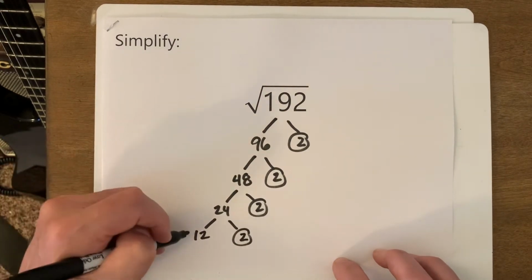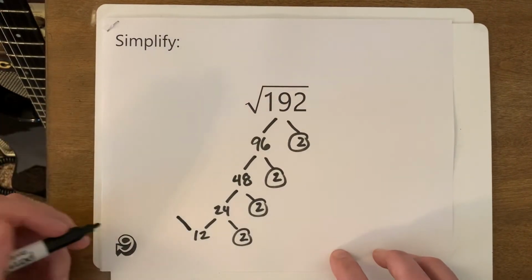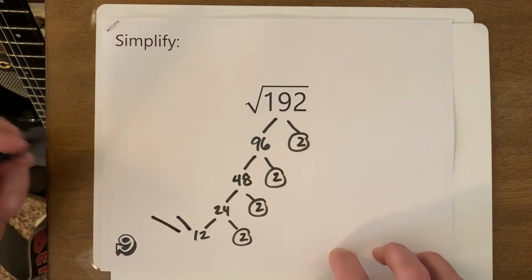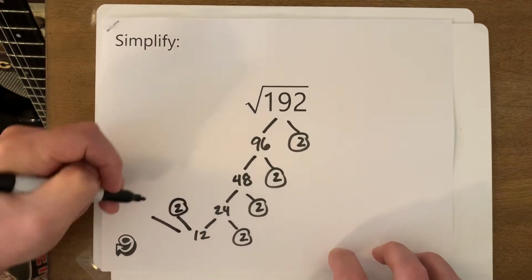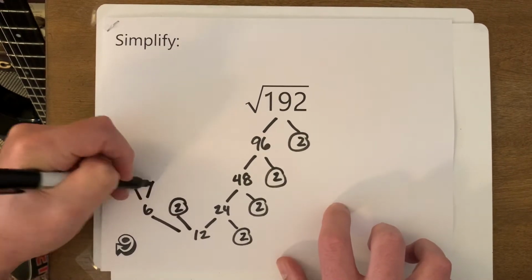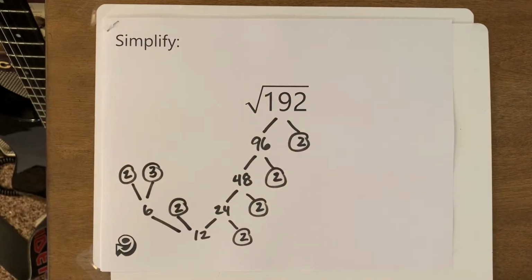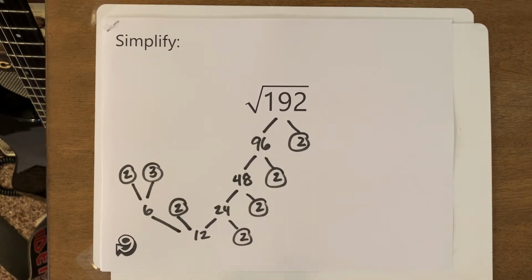Uh-oh, now I'm running out of room here, aren't I? 12 is 2 times 6, and 6 is 2 times 3. That's another reason why I'm circling all of these, because if I do run out of room, I can kind of branch around like that and keep it going without messing up my flow.